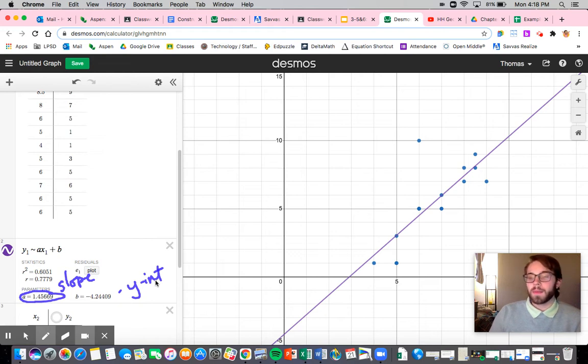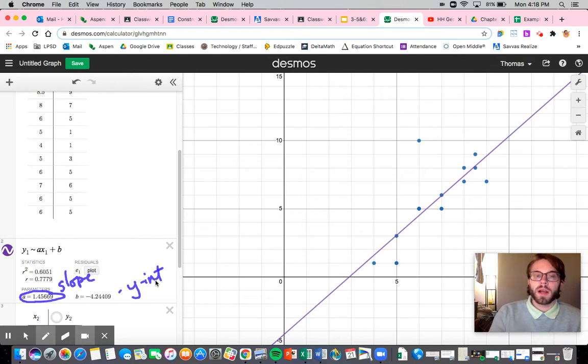So if I were to write out my actual equation of my line of best fit, you would say y equals 1.45669x minus 4.24409, and I guarantee those numbers are rounded. But ultimately, that would be our line of best fit. Okay.